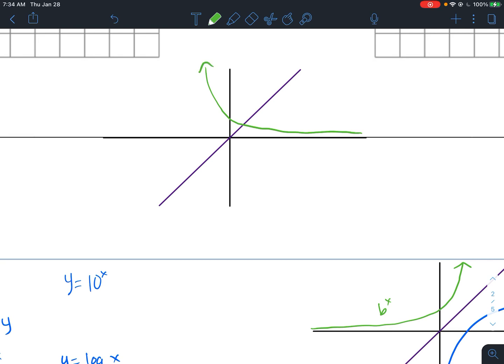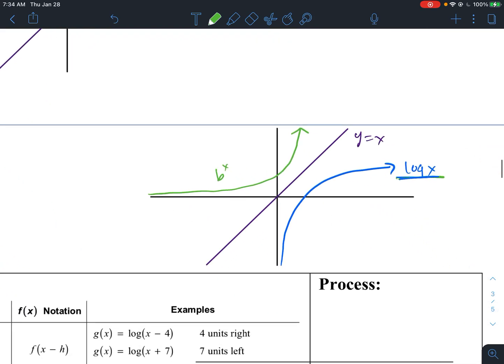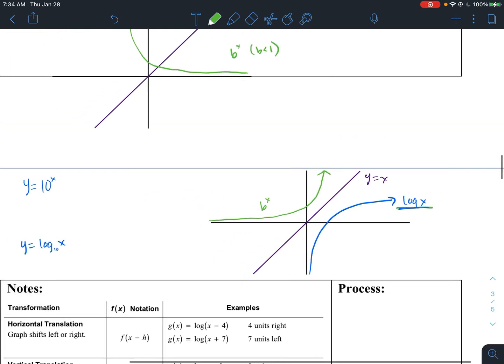So if we mirrored that over the line y is equal to x, again we would get this if we had a base. So this is b to the x if b was less than 1 but greater than 0. It's kind of hard to see what that might look like, but if we mirrored that, it would look different from the one over here, and we will cover a specific example of that in just a second. So we'll see what that looks like.